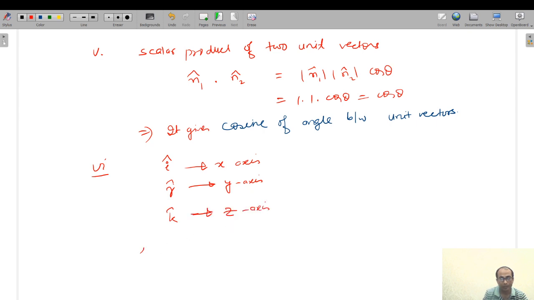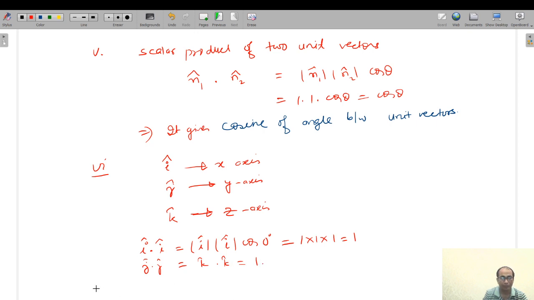So what is the dot product of i with i itself? क्या हो जाएगा? See, this is mod of i and cos 0 degree, because they are parallel, right? They are collinear, they are on same line. So this is 1 into 1, cos 0 is 1, so you get what? 1. So similarly, j dot j and k dot k, they are all equal to 1.